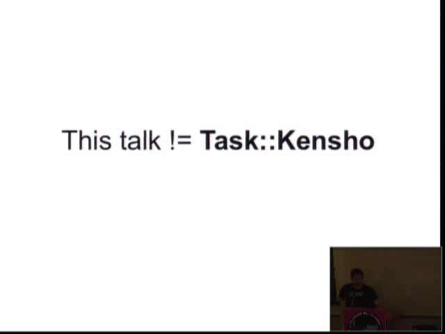Not always the newest, not always the most clever, but the stuff that's solid in everyday work. Things for XML, things for web services, and just about anything you can think of. And if there's something that you really think is essential and should be on Task Kensho, contact the maintainer. I think it's Chris Prather still, but it might be Apieron, whose real name I don't know.